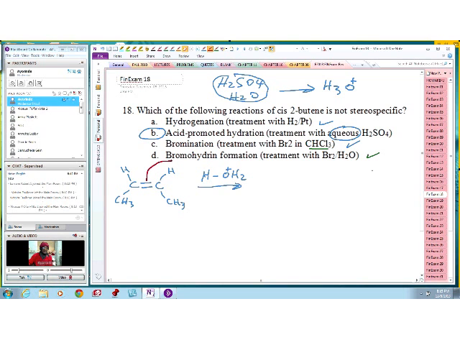In this case, we could say it will act as a base because it is going to grab this proton here and thereby release the bonding electrons between the hydrogen and oxygen. Notice my arrow, right? This arrow here says that we are moving 2 electrons. And then what do we get? We get this.